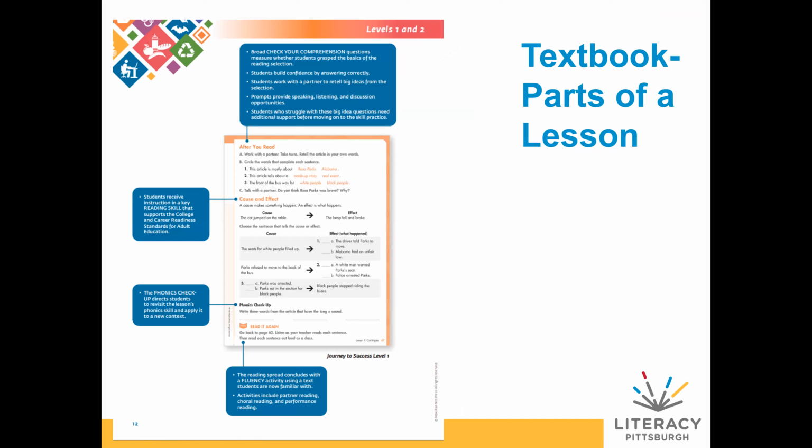Okay, so after the reading, sorry, I jumped around a little bit. After the reading, there's always an after you read set. These are essentially comprehension questions. You want the student to be able to tell you what they read. Tell me about what you read. What did you find out about Rosa Parks?